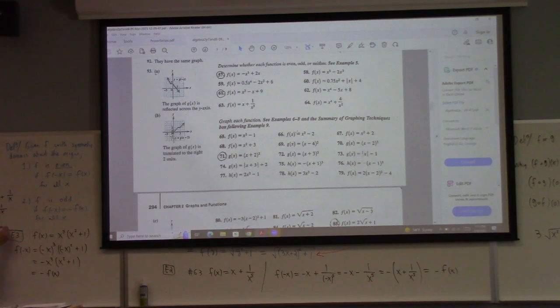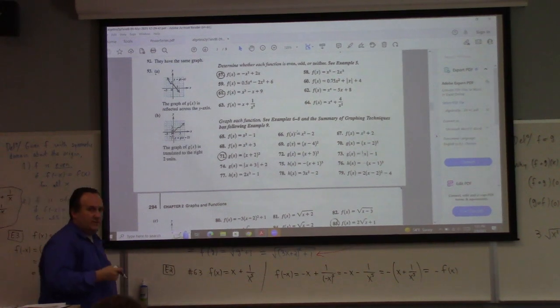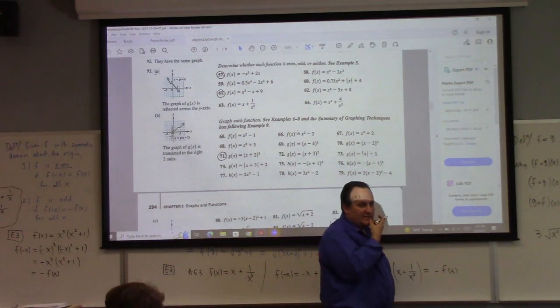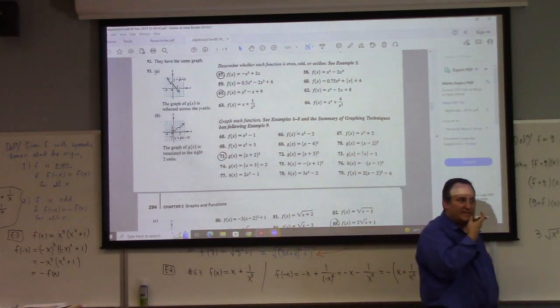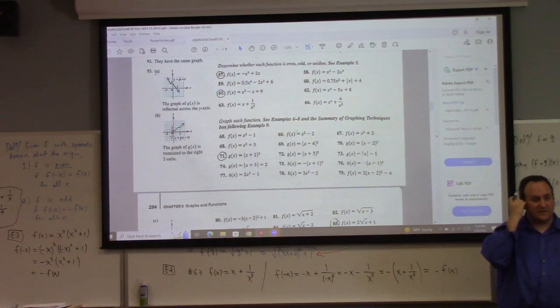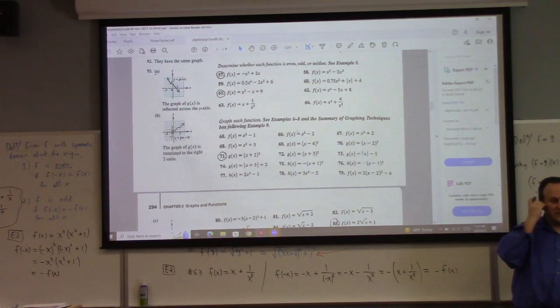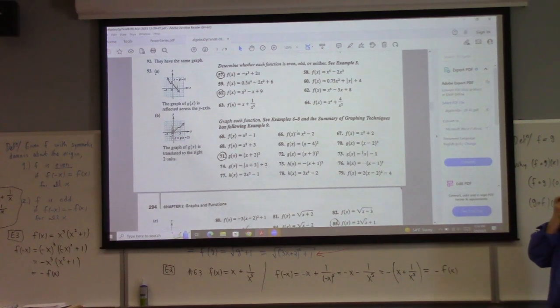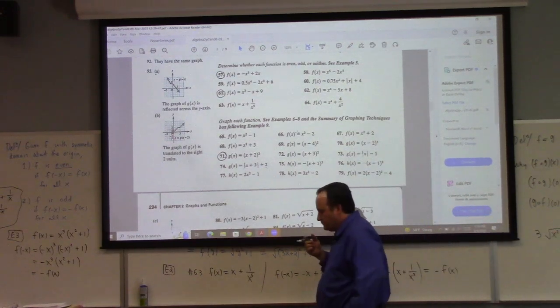So if you look at this example here, this function is neither even nor odd. See? Because it's not equal to f of x, and it's not equal to minus f of x. In fact, this is the case for most functions. Even and odd functions are pretty special. It's not usually the case that your function's even or odd. Only special ones are. Okay? So that's true.